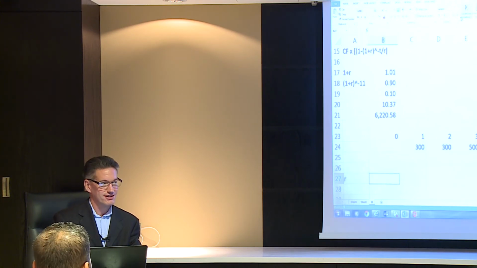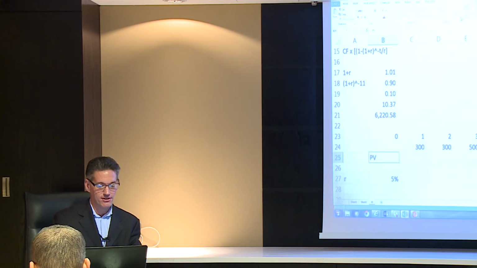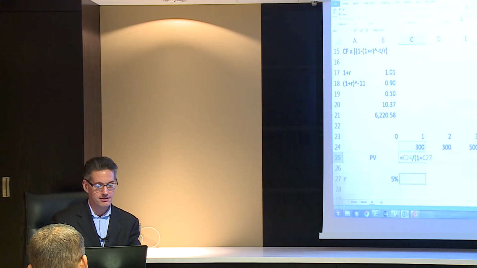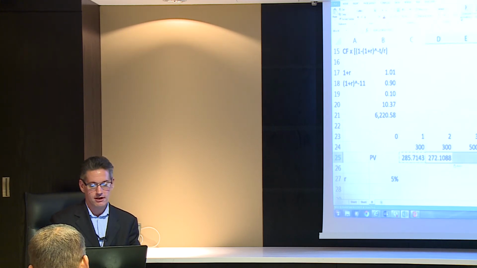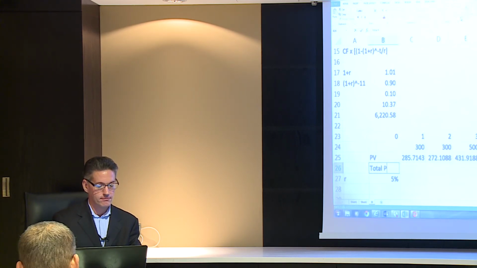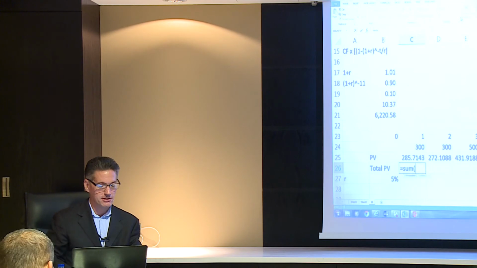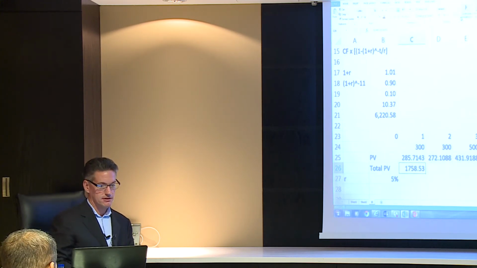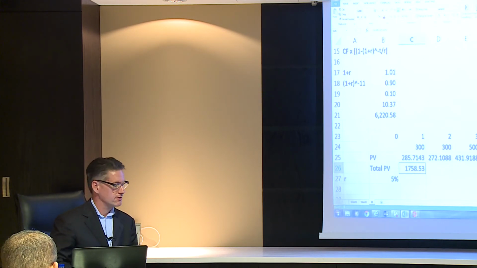What's the R in this case? 5%? And present value is going to be equal to 300 divided by 1 plus R to the power of 1, and then 300 divided by 1 plus R to the power of 2, and so on. And then we get the total present value. It's a little bit easier with Excel. So 1758. Okay, good.